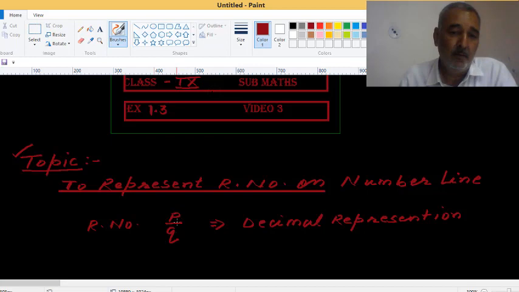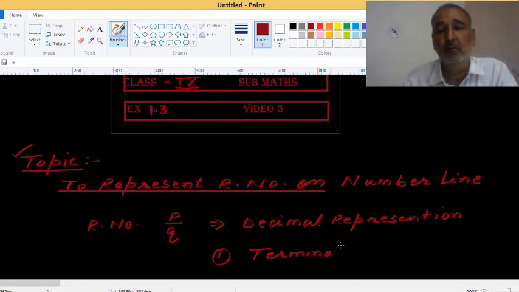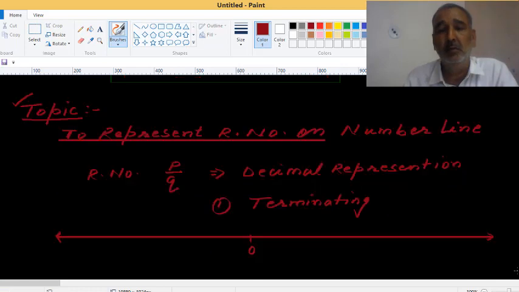We have learned there were two types of decimal representations of a rational number. Type 1, terminating, and type 2, non-terminating.